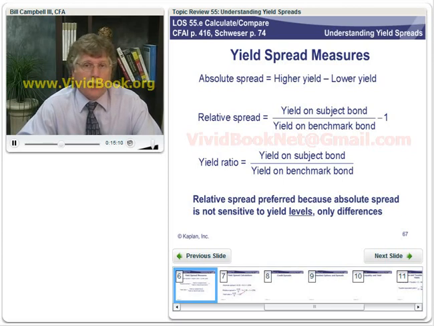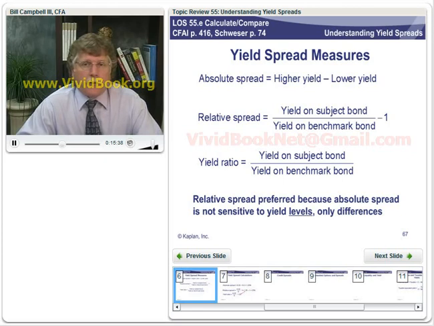That's the relative spread. The yield ratio is the same calculation except it doesn't subtract the 1. So 6.5% divided by 5% is 1.3. The yield ratio is always 1 plus the relative spread. Three different ways of looking at yield differences.